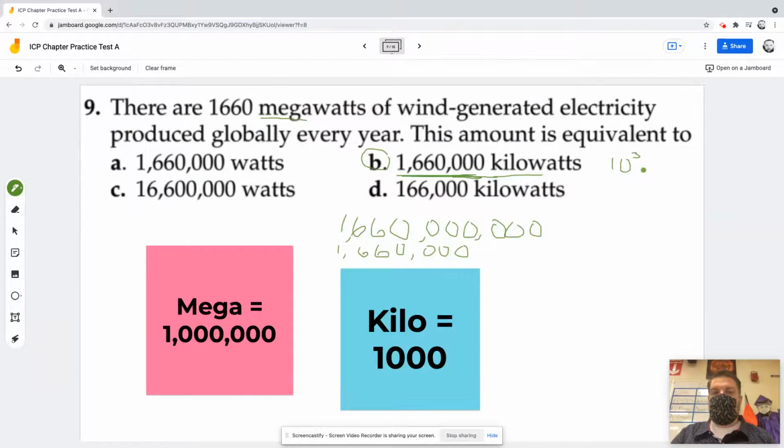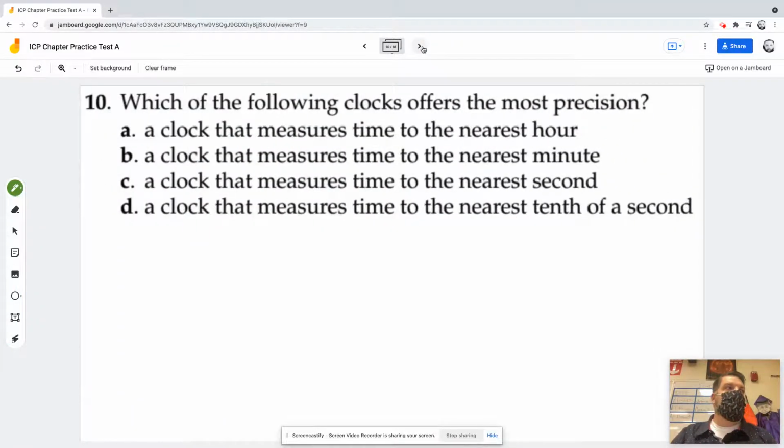Then the kilo means I add 3 more zeros. So that's how I get that answer. See that? Question number 10.